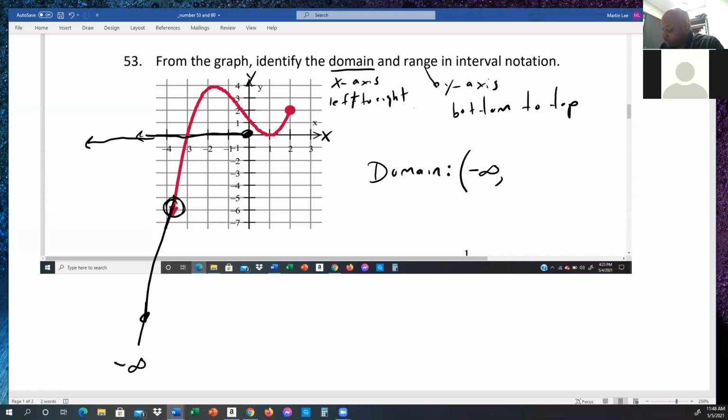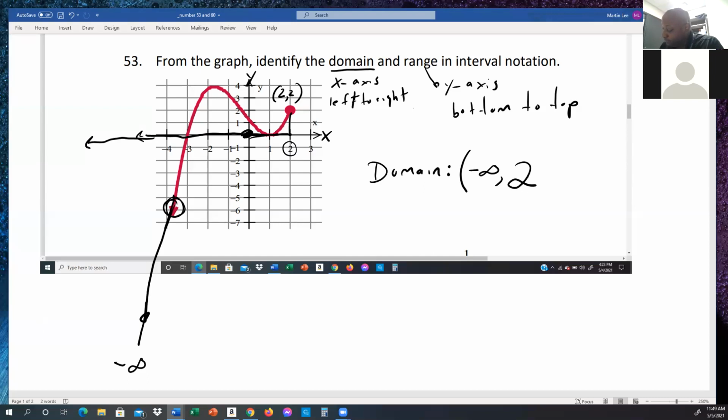Now going back to the origin, now I'm going to the right on the x-axis, and I want to find the biggest x value. Well, if I stop here, and if I go up, this point has the coordinates of x equals 2, y equals 2. Well, that means that when I'm going back to the origin, going to the right, my biggest x value is going to be 2.